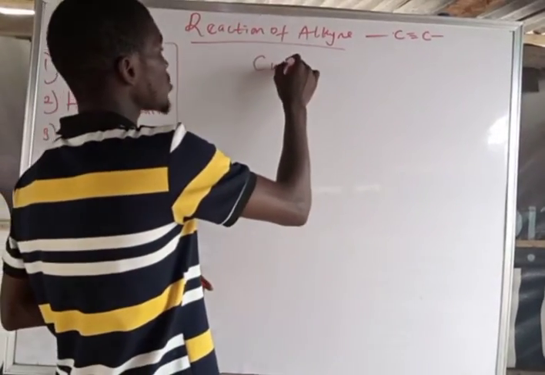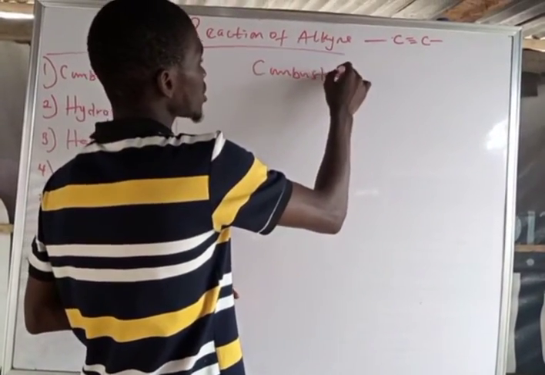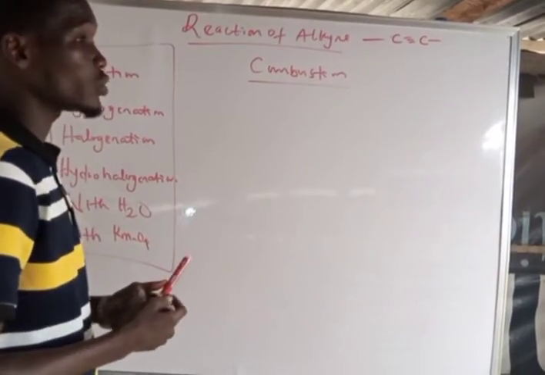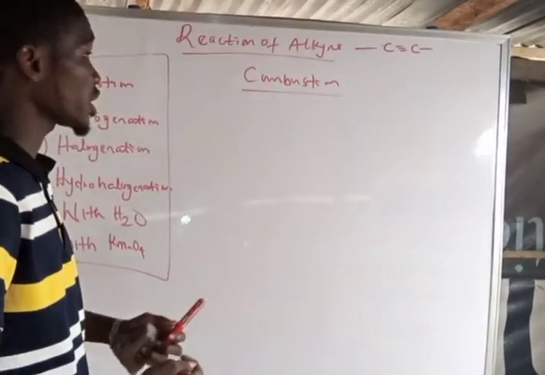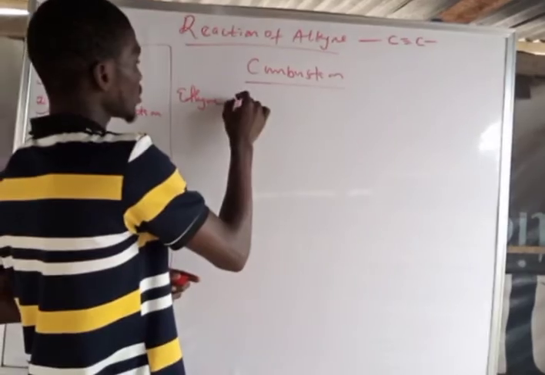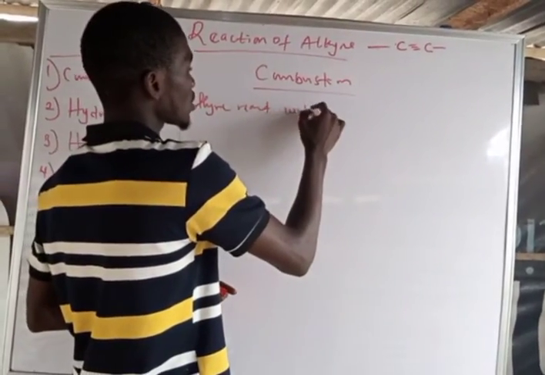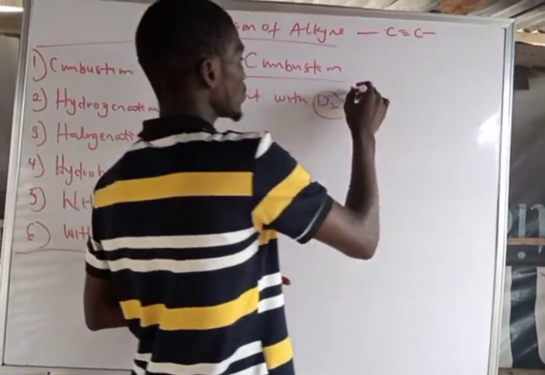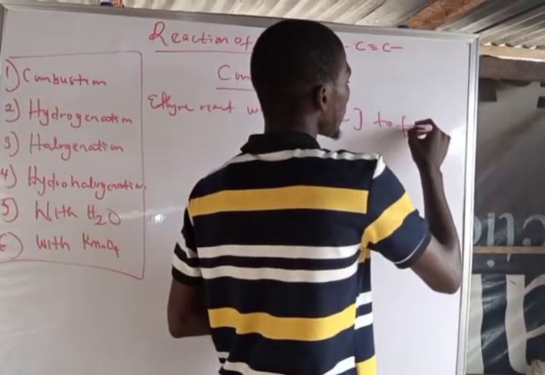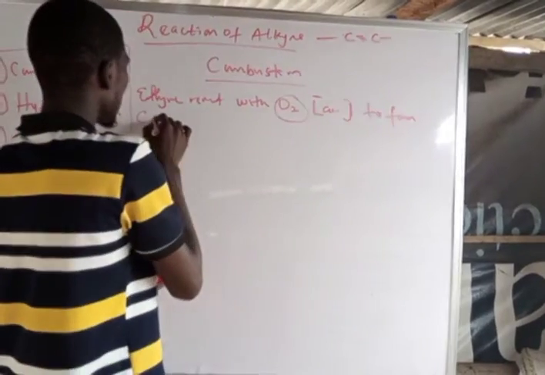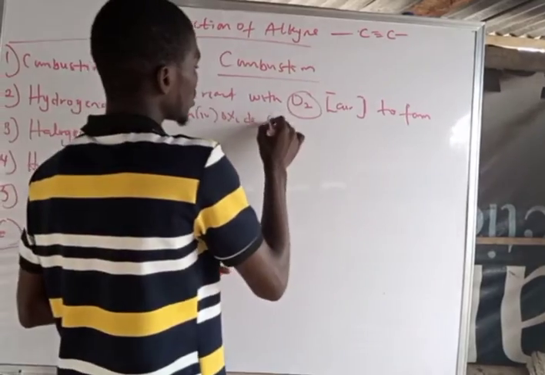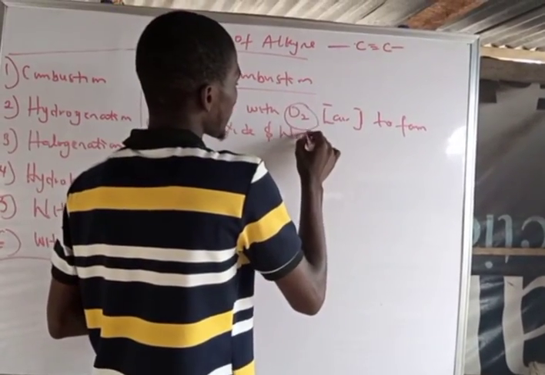Don't forget, anything by combustion, it means that they involve ethyne with air. You know, combustion mostly deals with what? Air. So now let's say we have ethyne react with air, which is this, to form carbon dioxide and water.